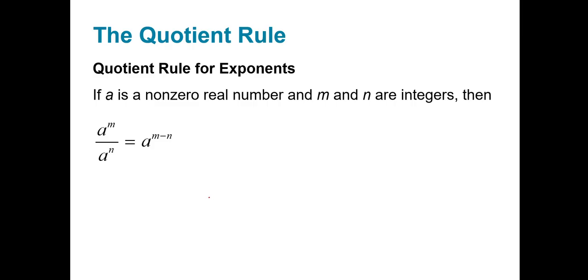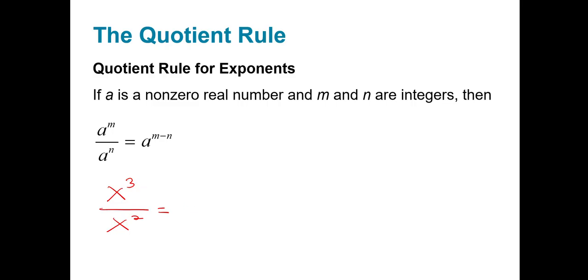Now we have the quotient rule. In the quotient rule, we are going to subtract when we are dividing. So let's say we have x cubed over x squared. The rule says we're going to subtract the exponents.